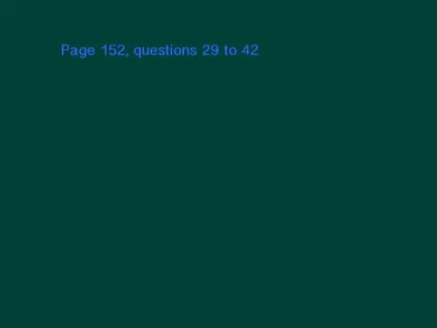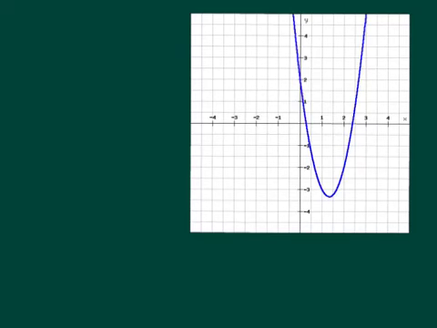Okay, let's move on. So here is my graph of 3x squared minus 8x plus 2. We know in the past from previous years that this parabola must open up.